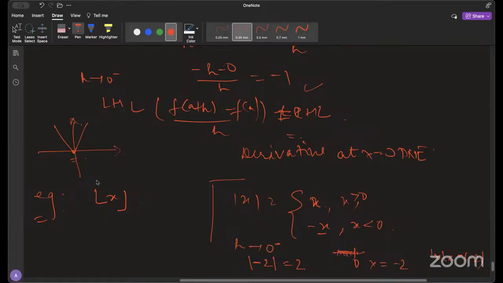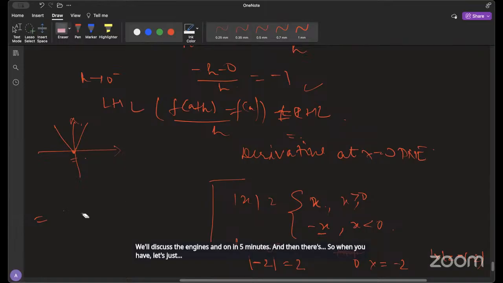Yeah, you can say that, but for that you need to define tangents. We'll get to that in maybe 5 minutes. We'll discuss tangents and all in 5 minutes. We're short on time, so we're not taking more examples now.